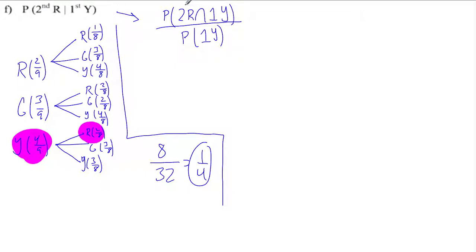So it's a nice formula. It's probability of A and B over the probability of B.